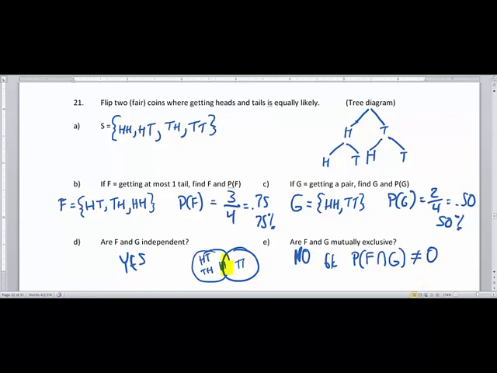And since they have something in common, so they have heads, heads as a shared possibility, these are not mutually exclusive events. So independence tests two different events at two different times, whereas mutual exclusivity checks to see if one event is completely separate from another event, could they happen at the same time? And if they can happen at the same time, they are not mutually exclusive.